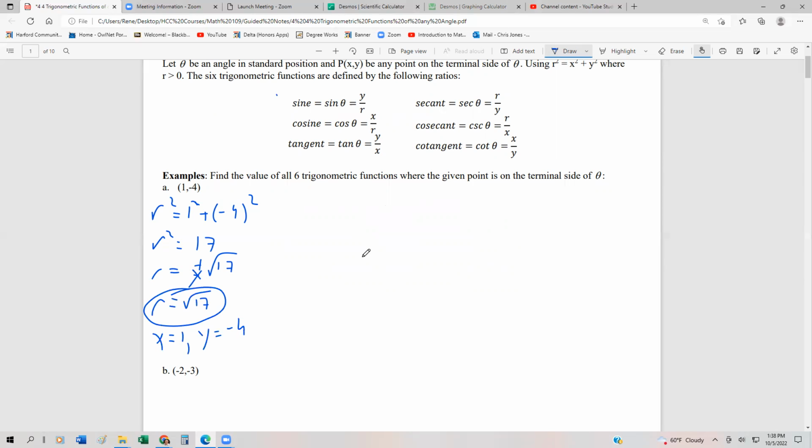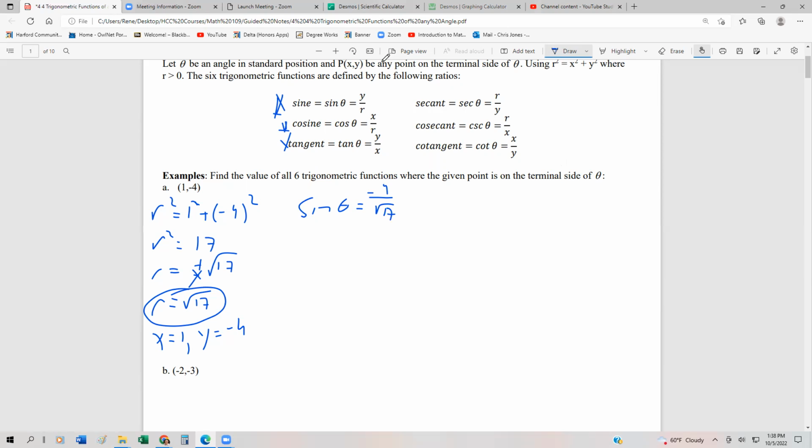Now we're just going to use these definitions, and of course we can use the reciprocal definitions to find secant, cosecant, and cotangent. The sine of theta is equal to y over r, which is negative 4 over the square root of 17.